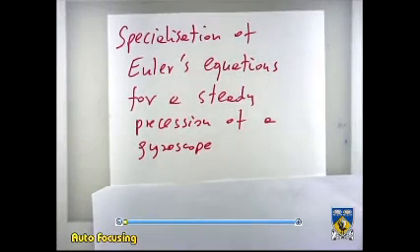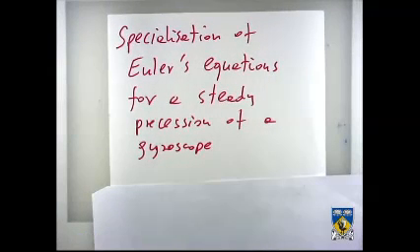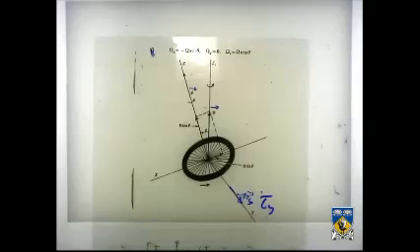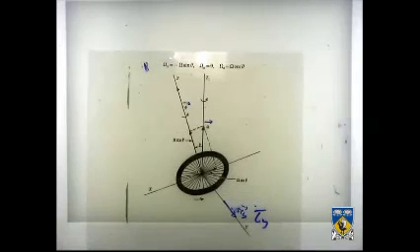We want to specialize Euler's equations for a case of a steady precession of a gyroscope. So, of course, the first question is what coordinate system to use. We want to put the center of the coordinate system at the fixed point of motion.